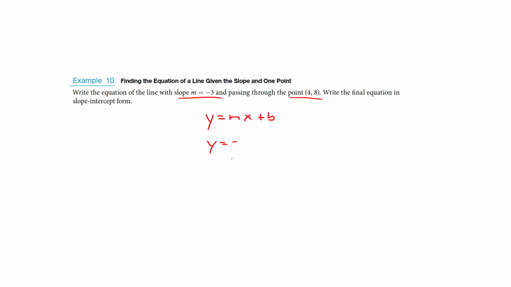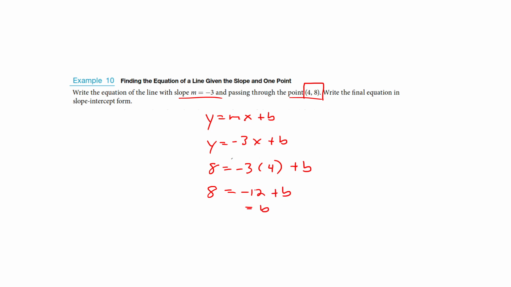So I've got negative 3 always goes in front of the x. Now the problem is I don't have the y-intercept. Well, let's use this point to solve for that b. So this point says y is 8. The x is 4.